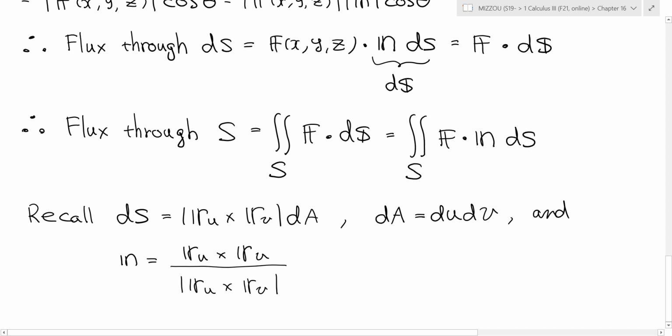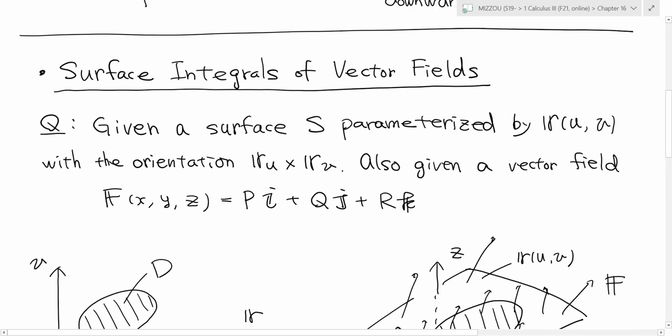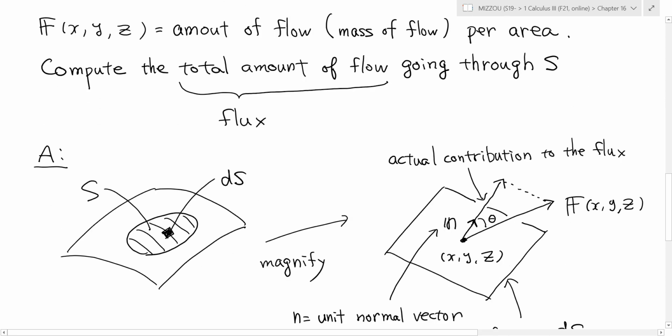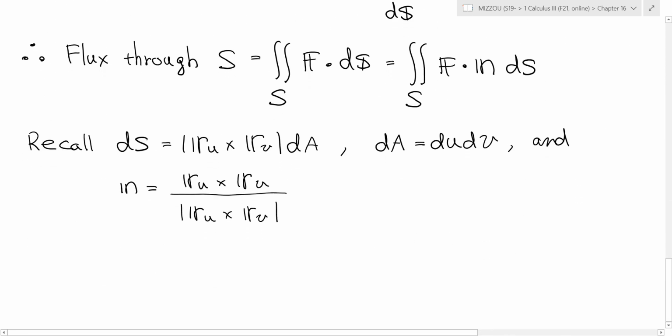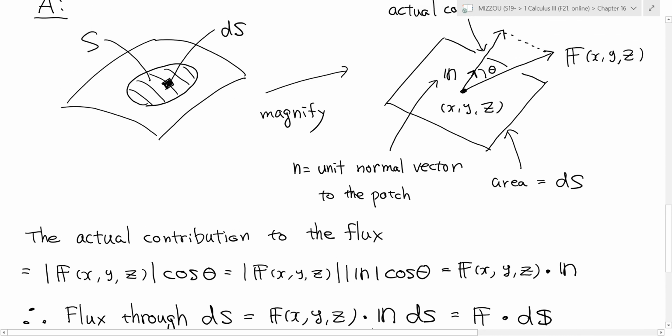Like this. And here comes the issue of orientation. We are assuming that the orientation of our surface is in this order, Ru cross Rv. So we have to choose Ru cross Rv instead of the other way around. And that's the flux in the direction of the orientation, to be precise.